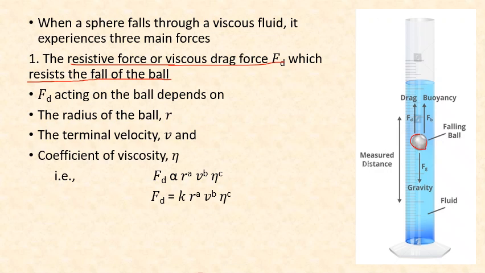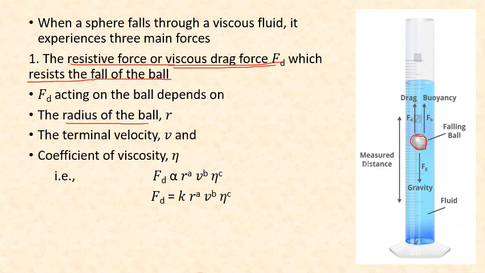For example, the steel ball needs to displace this volume of liquid to be in that place. So to oppose this displacement of the liquid, viscous forces will be acting. This force we call the viscous drag force. It depends mainly on three factors.